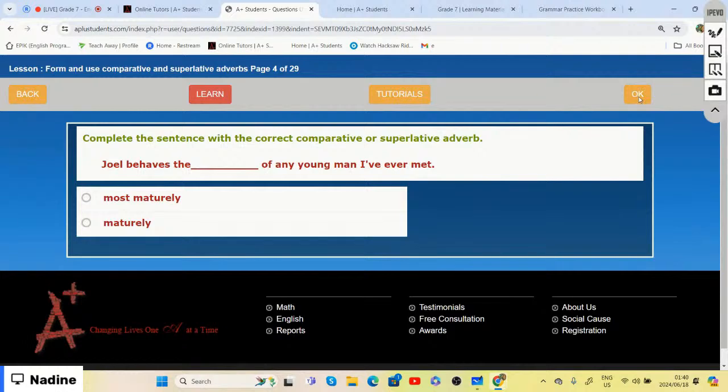Joel behaves. Do we say most maturely or the maturely of any young man I've ever met? We need to complete the sentence with the correct comparative or superlative adverb.